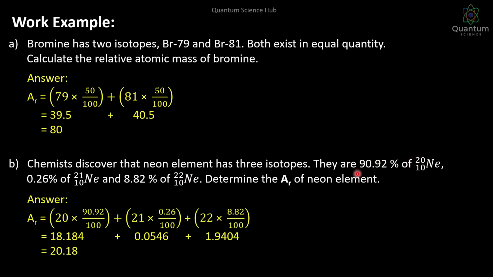How many percent? 90.92. And remember, we always take the bigger number, which is the mass number, while the smaller number is the atomic number or proton number. For neon-21, this is 0.26. And for neon-22, this is 8.82. And just do the normal math calculation, and this is the result.